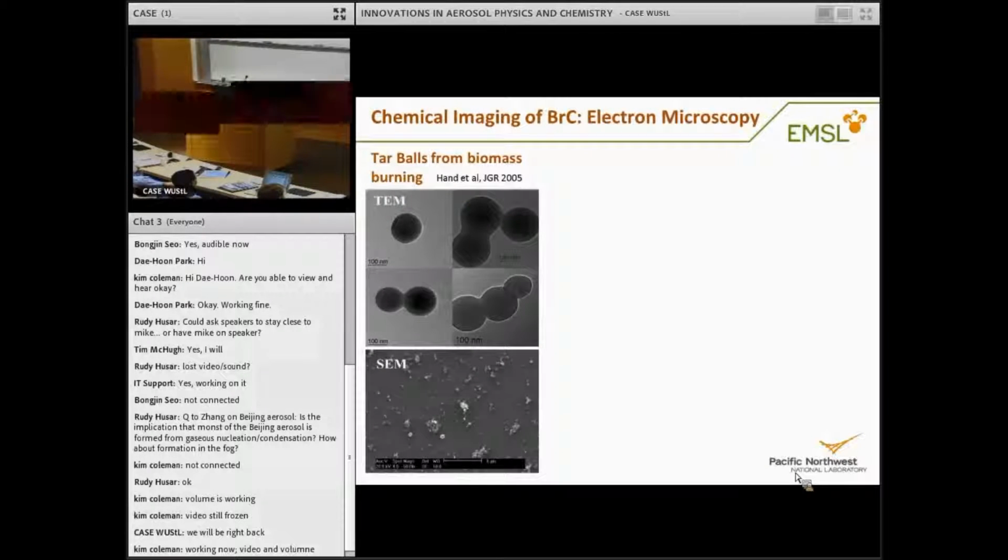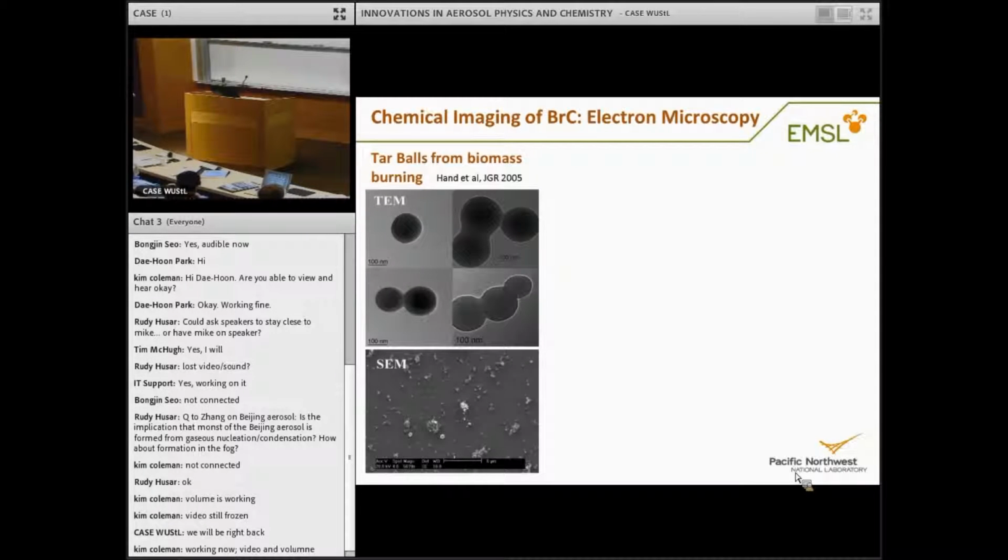So, coming to the chemical imaging options and studies of the brown carbon materials by means of electron microscopy, this is probably one of the first types of the brown carbon material. These are the so-called tar balls from the biomass burning. There are quite a few publications showing this type of material.